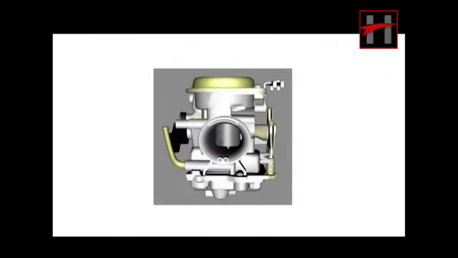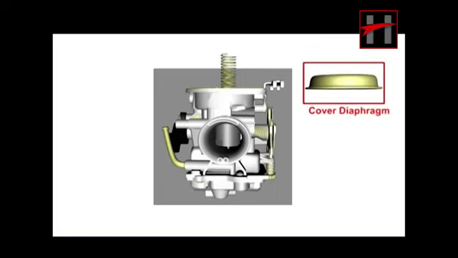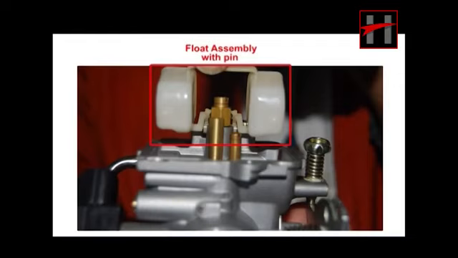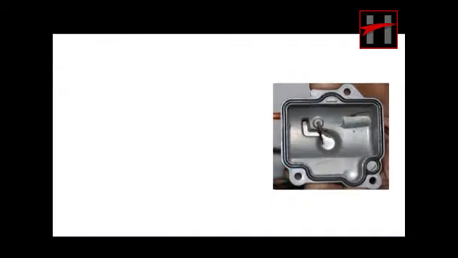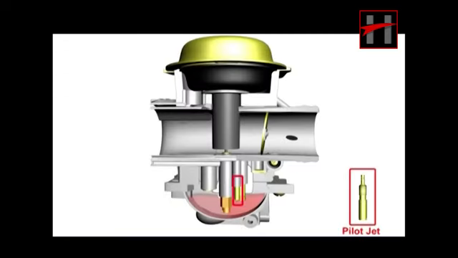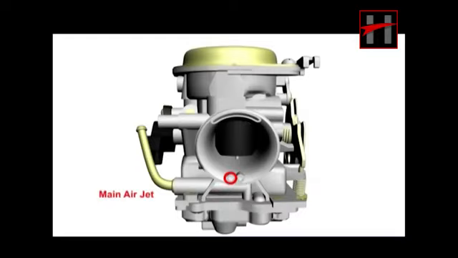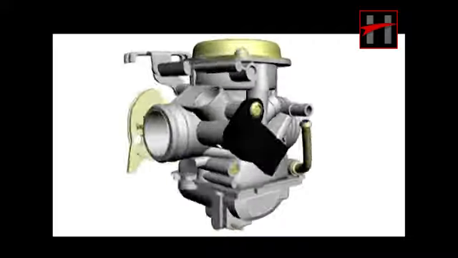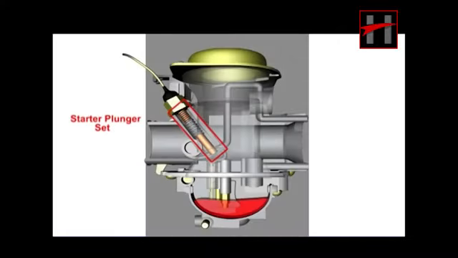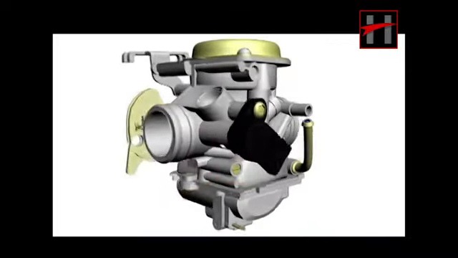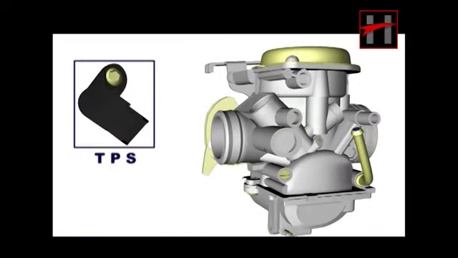Following are the components in the BS type carburetor: cover diaphragm, spring, piston valve, jet needle set, piston valve with diaphragm, float assembly with pin, float chamber gasket, pilot jet, main nozzle, starter jet 1, starter jet 2, pilot air jet, main air jet, butterfly slide, starter plunger set, throttle stop screw assembly, pilot screw assembly, and throttle position sensor.